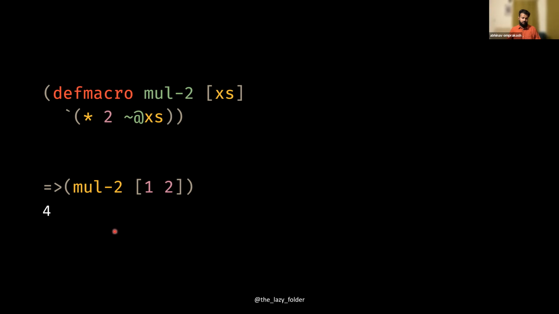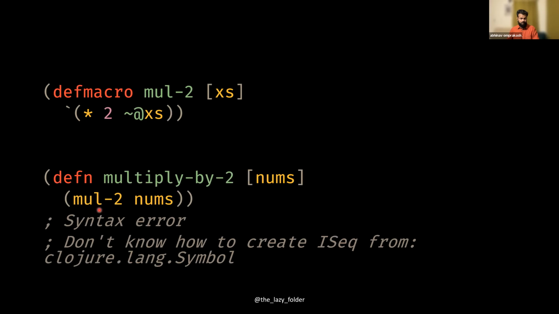And it works fine when you're passing it a vector. But if you are using it in a function, like multiply-by-2 with nums, and you're passing nums to it, you'll get an error. Because nums at compile time is a symbol, and it's not a value. So that's why you get this error: can't create ISeq from clojure.lang.Symbol.